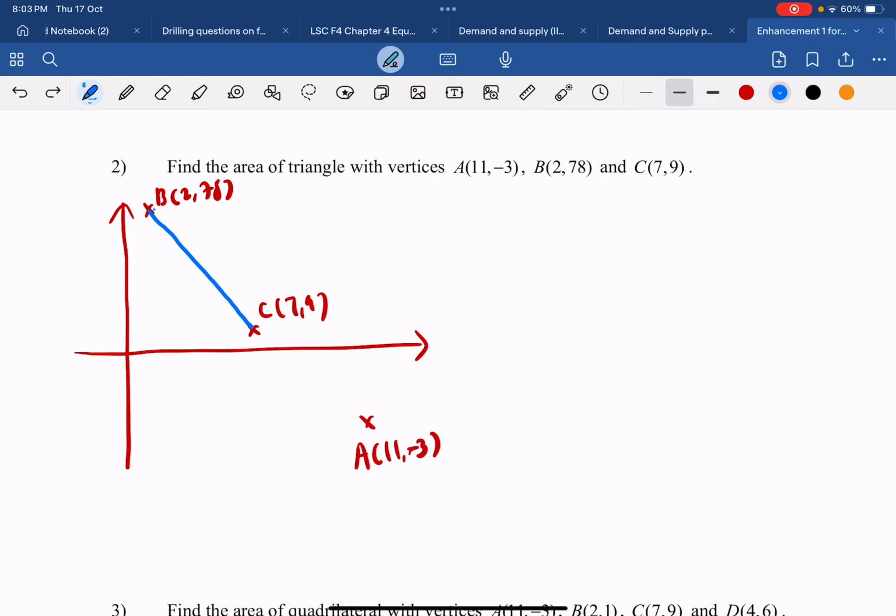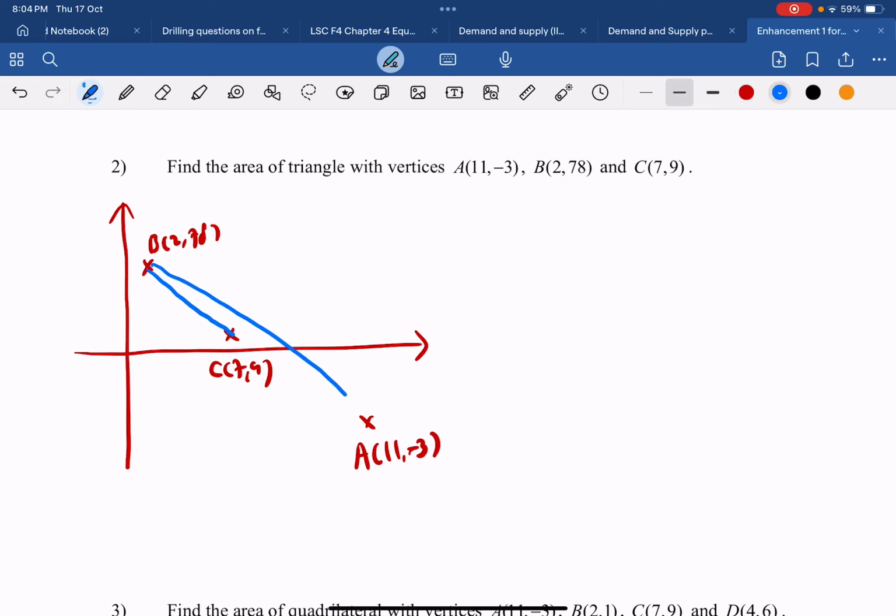Oh, sorry. It doesn't look like a triangle. I drew it too badly. Wait, let me amend the scale first. Maybe B is here, then C is 7, 9, so maybe somewhere here. It's so hard to draw.